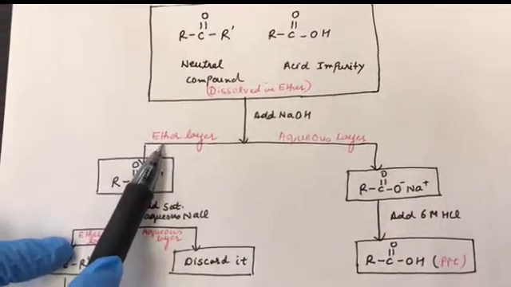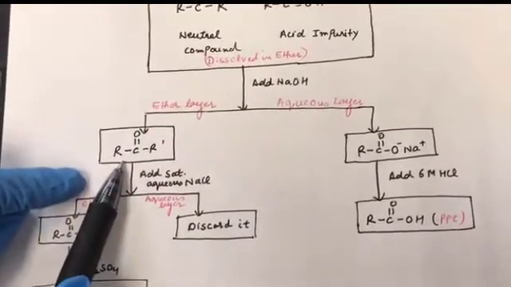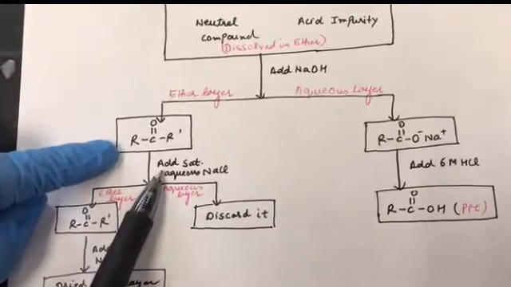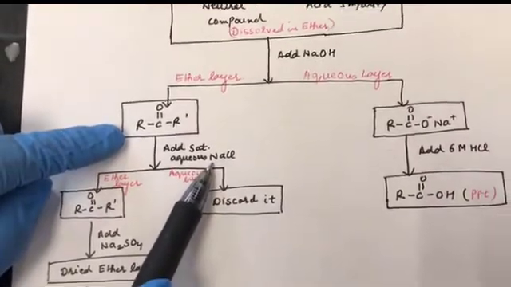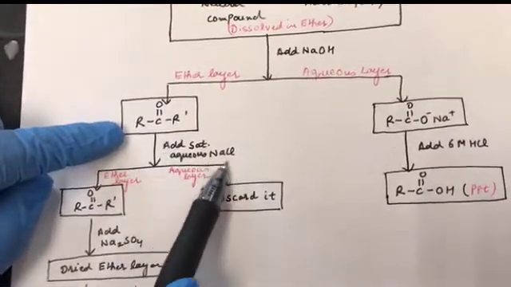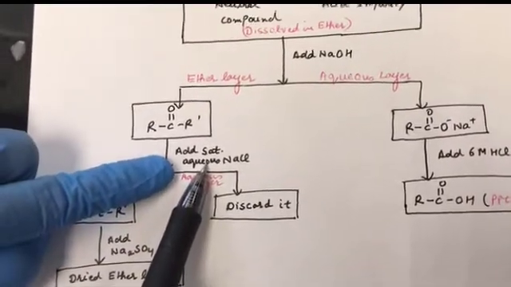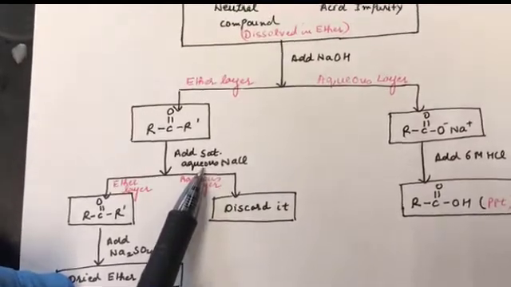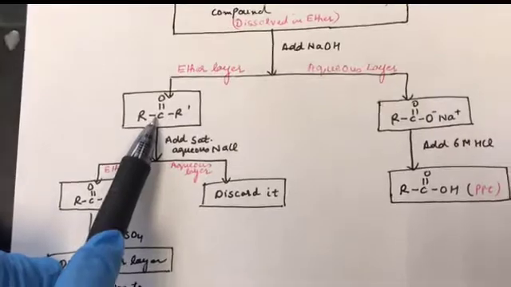Here is the ether layer. Ether layer will contain your neutral compound. Then to the ether layer, you would add the saturated aqueous NaCl. The purpose of adding this saturated aqueous NaCl, this is also called brine solution, is that you would remove the water molecules which are present in this ether layer.